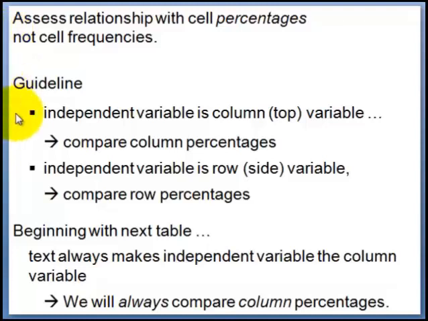Now, the question comes up, which percentages should you focus on in assessing relationship in a contingency table? Should you focus on column percentages, or on the other hand, should you focus on row percentages? I'll just say that there's not a 100% clear answer to this.